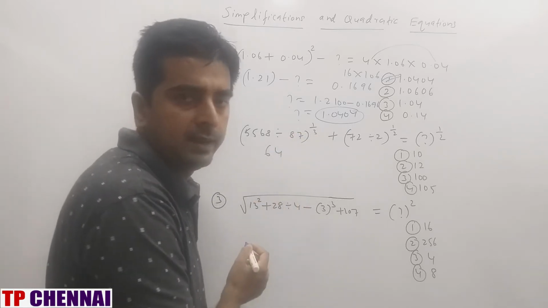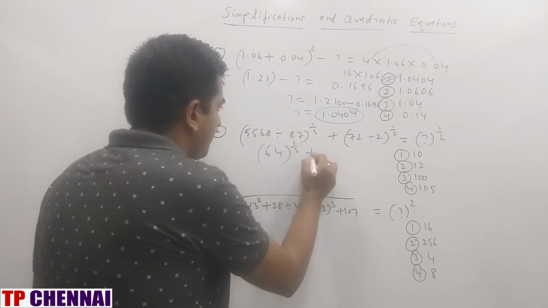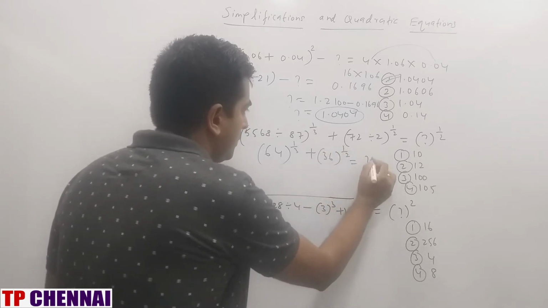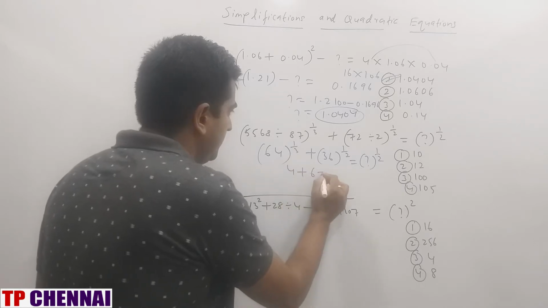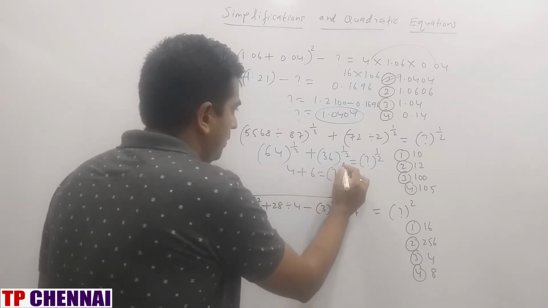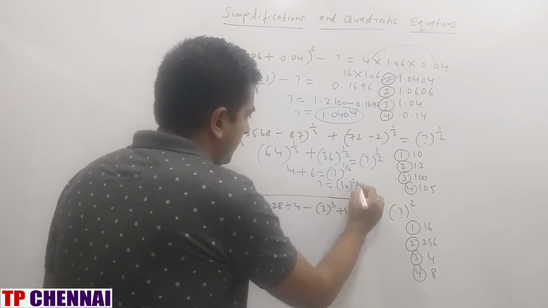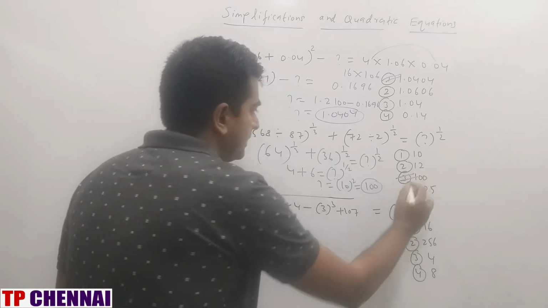Because it will be exactly divisible, right? Whole power 1 by 3 plus this is 36 whole power half is equal to question mark whole power half. This is how much? 4. This is how much? 6. This is how much? Question mark whole power half. So question mark is equal to 10 square, which is nothing but 100, which is third option.